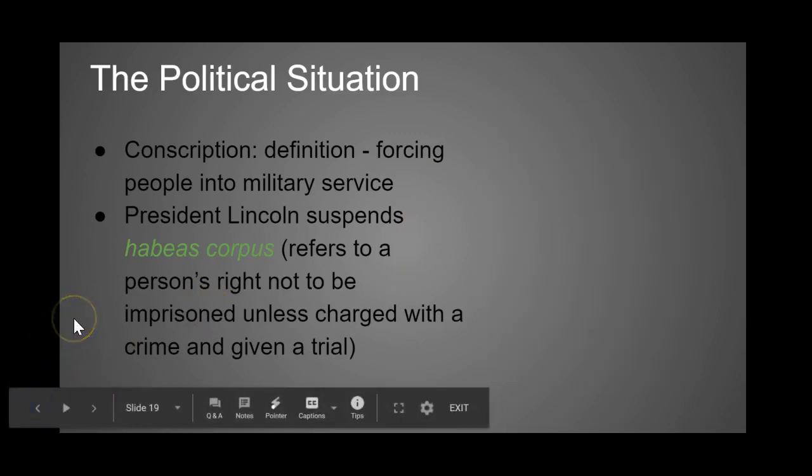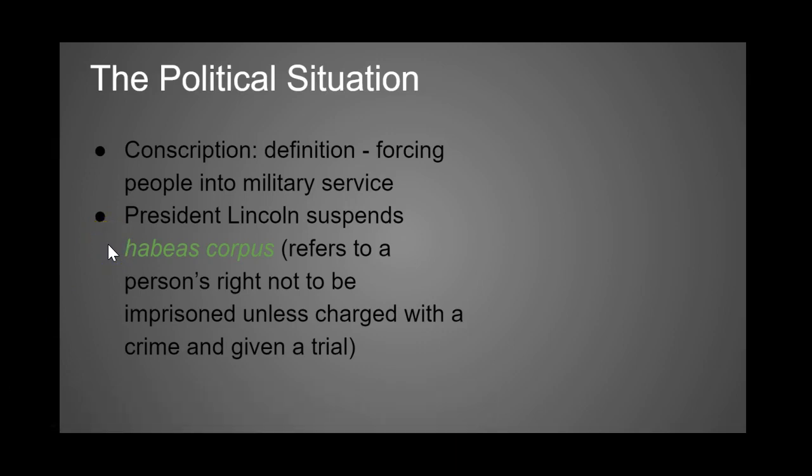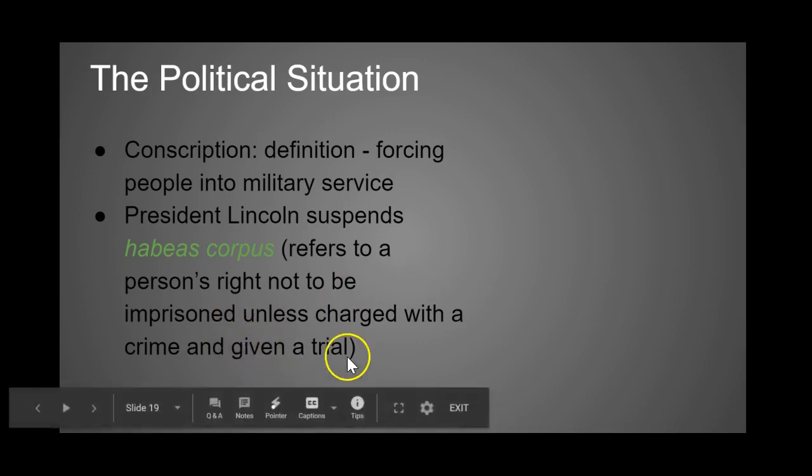Now, we're going to talk about a phrase called habeas corpus. President Lincoln suspends habeas corpus, so he doesn't allow habeas corpus to work. The definition of this is that it refers to a person's right not to be imprisoned unless charged with a crime and given a trial.